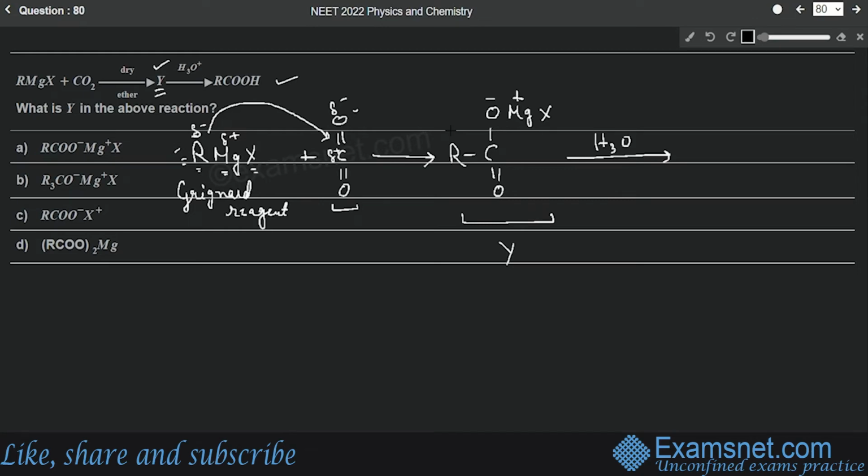This magnesium halide will be removed from here and one hydrogen will take its place, magnesium halide's place. So it will be C double bond O, and here we will have OH. So what is formed? Carboxylic acid is formed, and here we will get MgOHX. Okay, so here we have to determine Y, that means the intermediate. So this is this one, that means option A is the correct one.